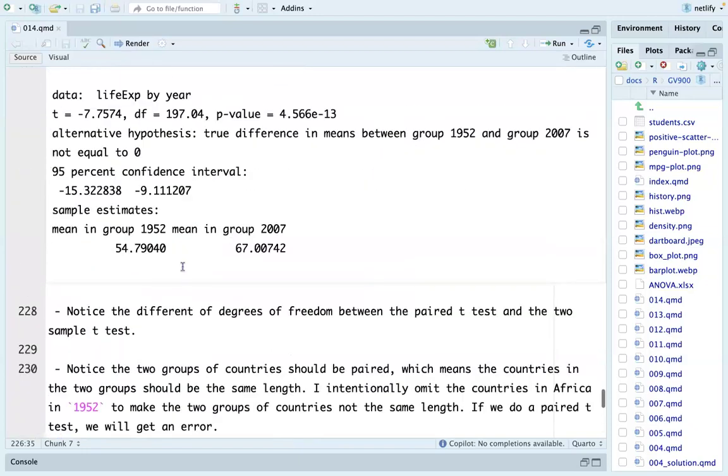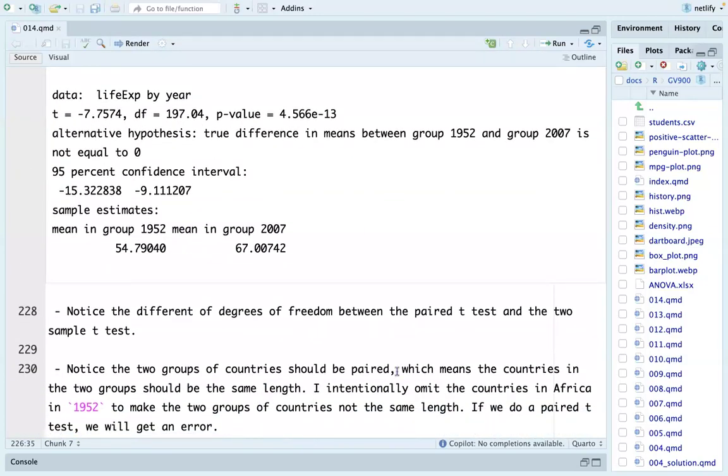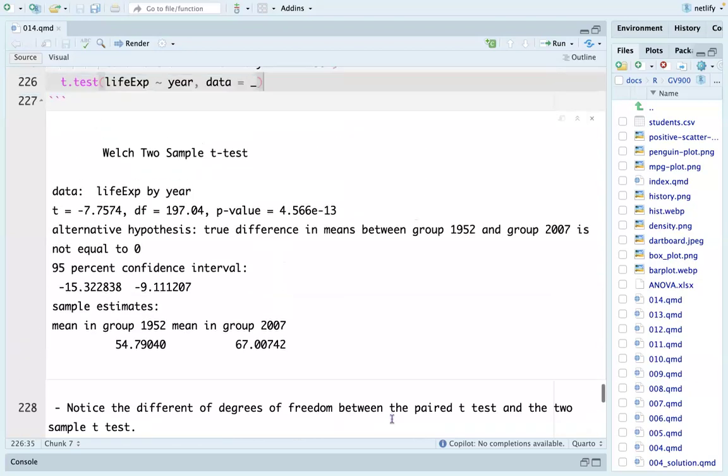And also notice that two groups of countries should be paired if we do the paired t-test, which means the countries in the two groups should be the same length. Here I intentionally omit the countries in Africa in 1952 to make the two groups of countries not the same length.